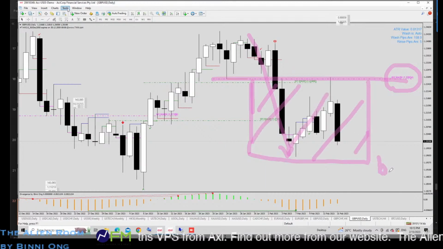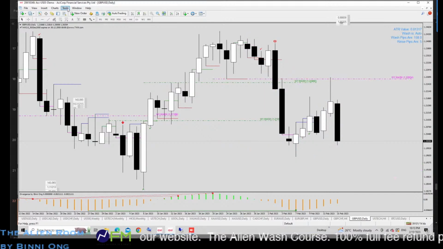Anything that's above it is going to be bullish. So when price moves up and hits that magenta line, it is merely telling us that it is going higher for us to sell. So pound dollar was a very clear sell trade.